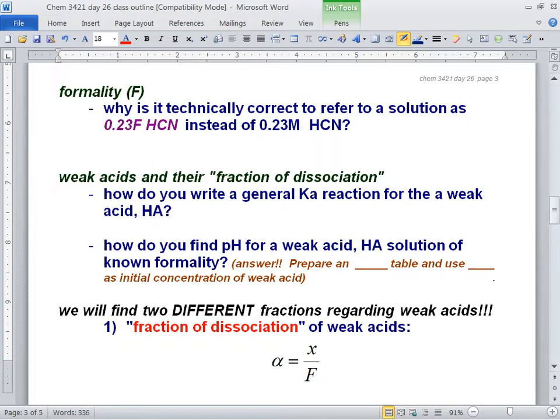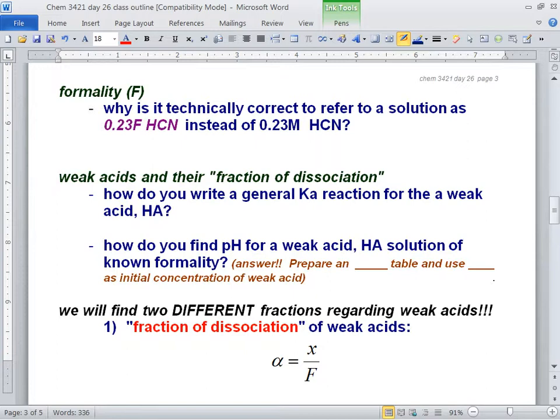I mean, in all the general chemistry problems, everything up to this point even, we always had big M. We never had F. And F is moles per liter. Why? What's the deal? What's wrong with saying 0.23 molar? Because now we're all of a sudden saying 0.23 molar hydrogen cyanide is wrong. You should say 0.23 formal hydrogen cyanide.